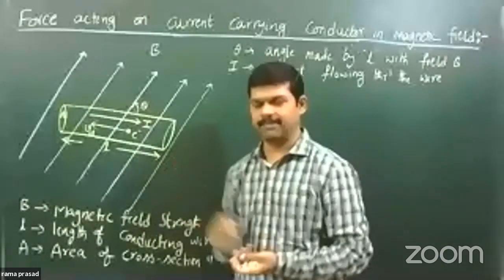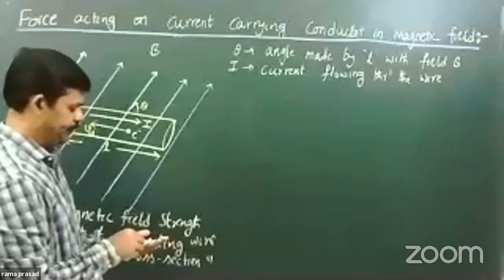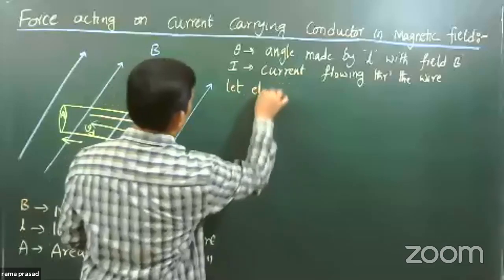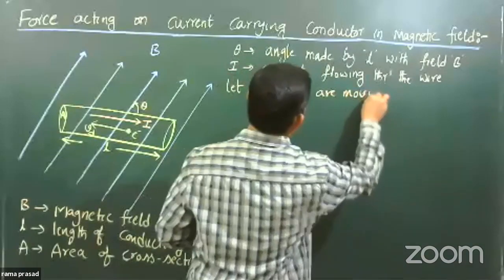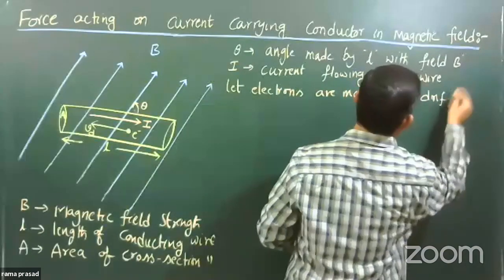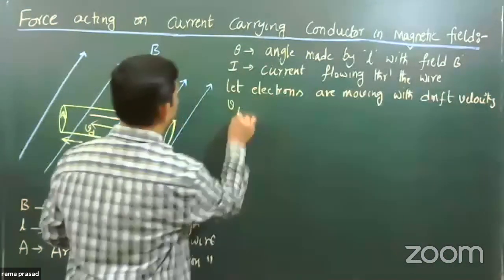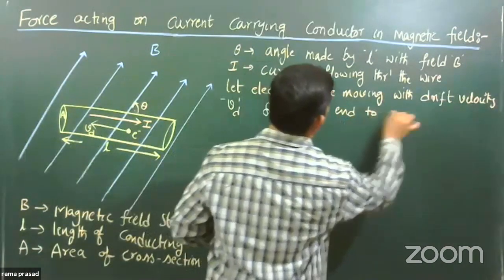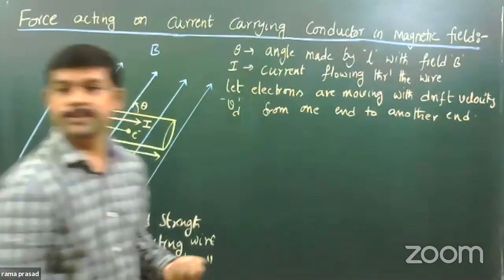Okay, let us see. In this conductor, let electrons be moving with drift velocity Vd from one end to another end, right?